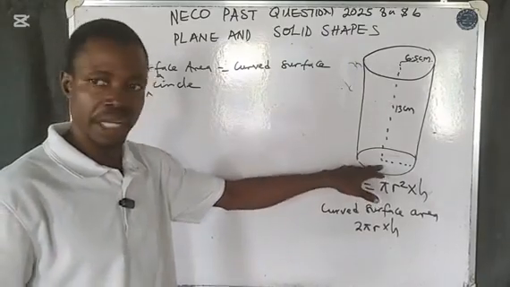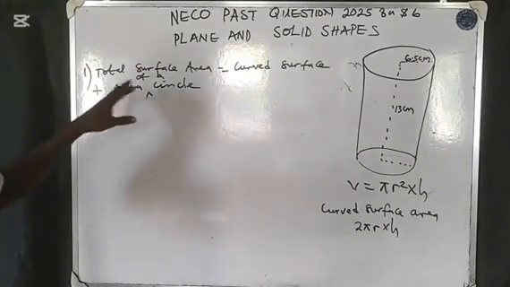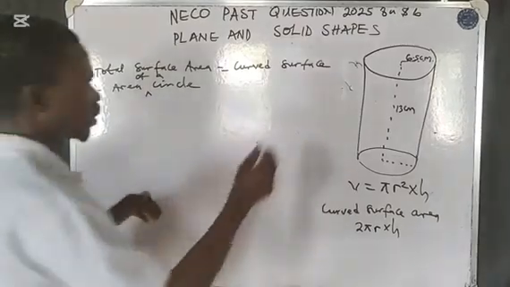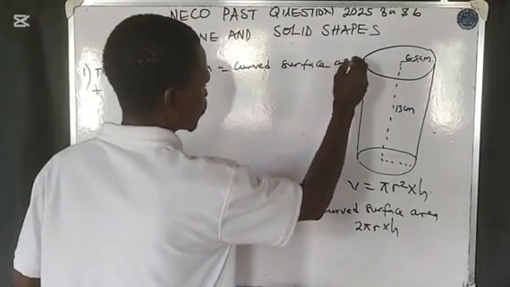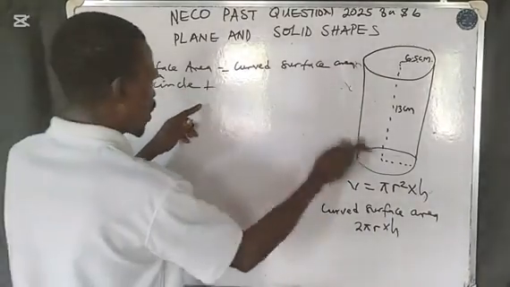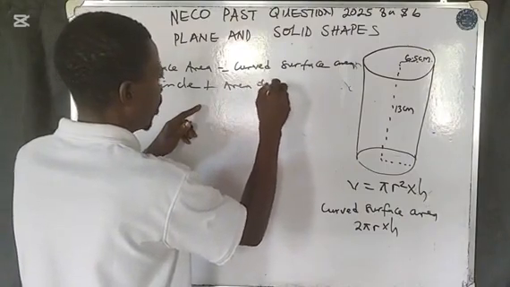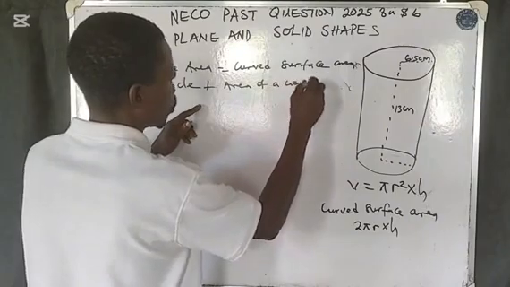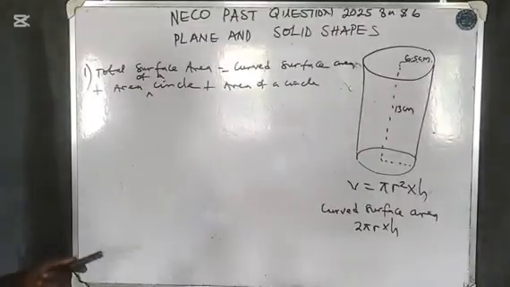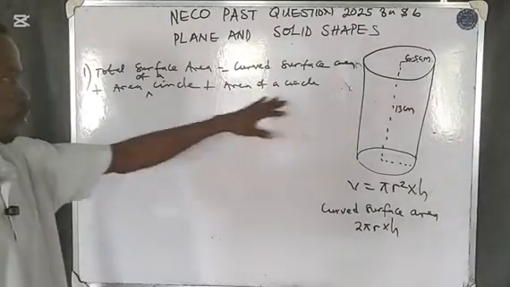But the bottom is closed. But if the two of them are closed, we'll say total surface area equals curved surface area plus area of a circle for the bottom plus area of a circle for the top circle. Is that okay? Since we are not told whether the top is open or not, we assume that the two of them are closed.